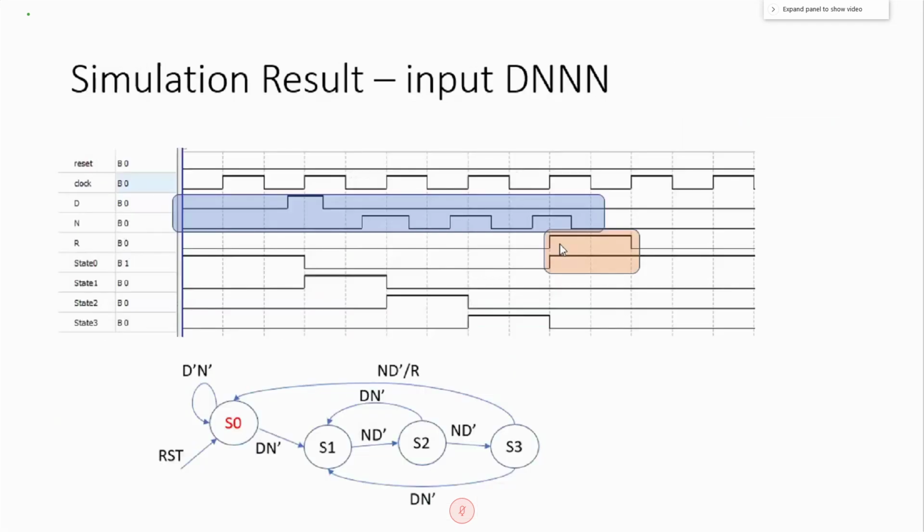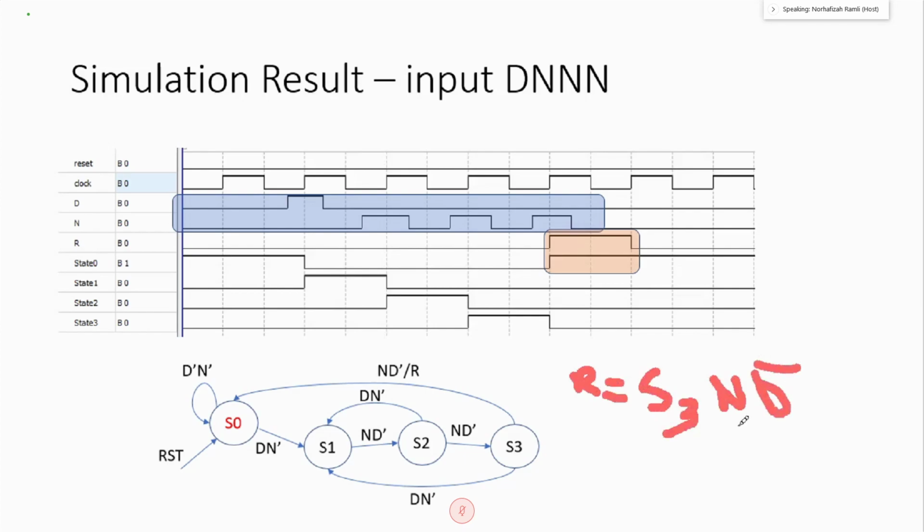So you may get something different here. If you follow the equation, R equals you are in S3 and you see N and your D is 0.